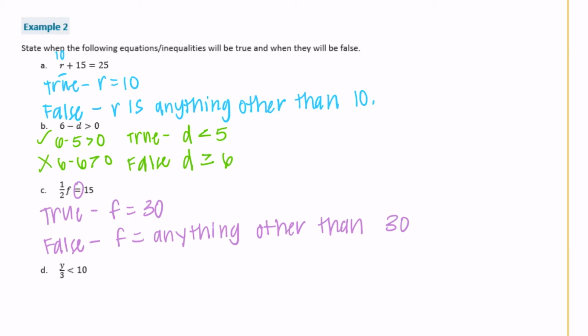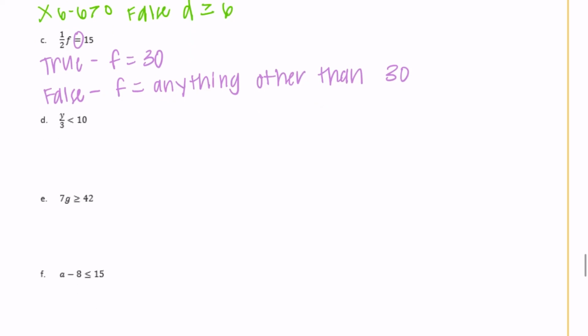And D, y over 3 is less than 10. So if I were to make it 10, 30 over 3 would be equal to 10, but we need it to be less than 10. So if we made it greater than 10, or if we made y, for example, let's make it 33 over 3, that would make it 11, and 11 is not less than 10.